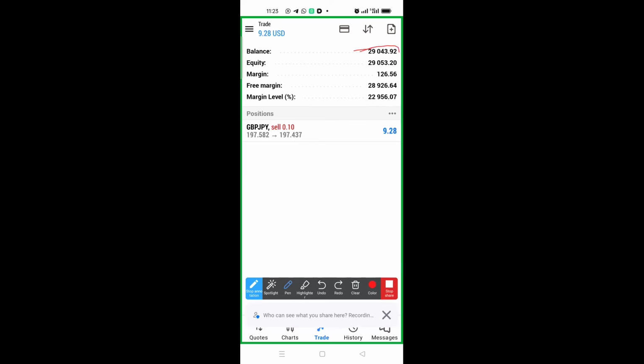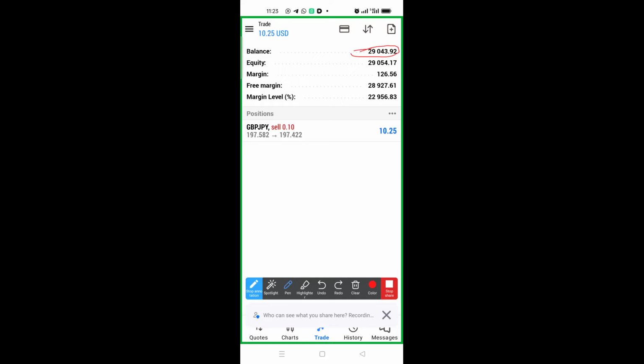You can see the balance. Right now, the balance is static. The balance is 29,043.92. All right. The balance is not moving, but the equity is moving.